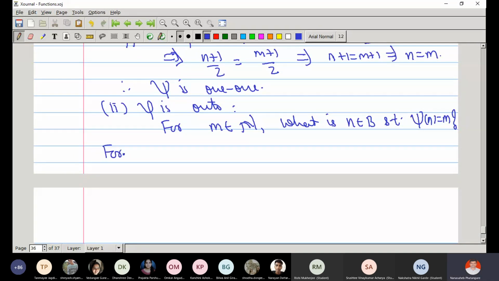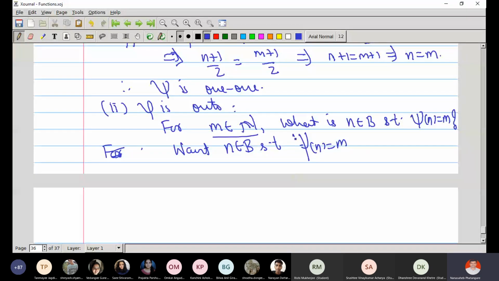So what we want is n in B such that psi of n is equal to m. We have selected any element m from codomain and we want to produce a pre-image in domain. If you are successful, then we are done. Correct?